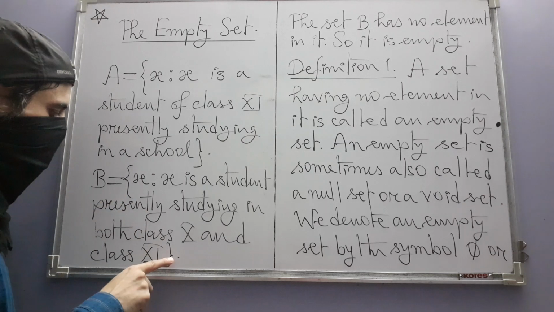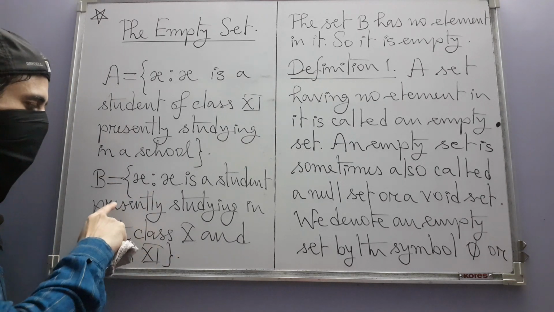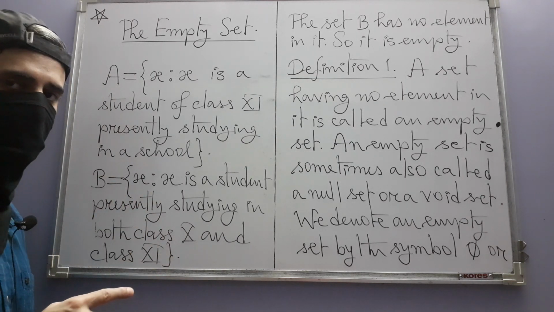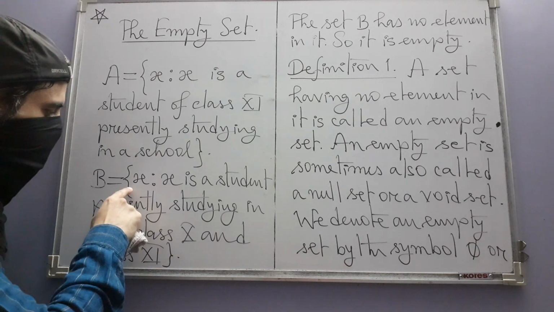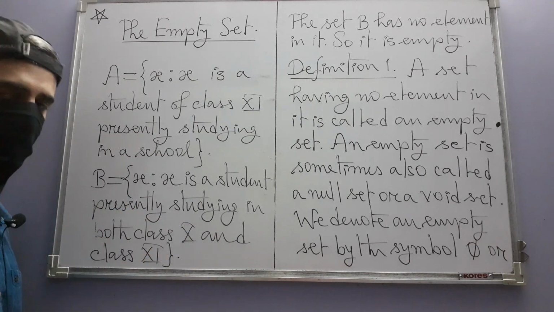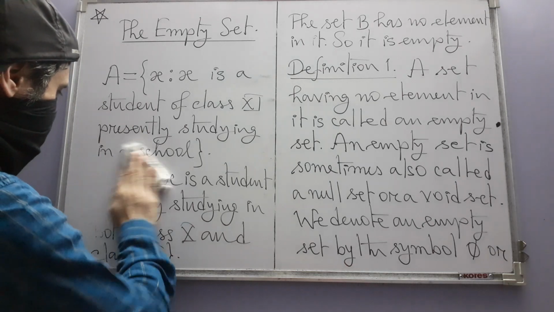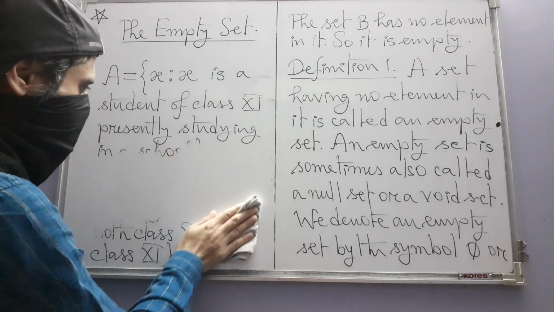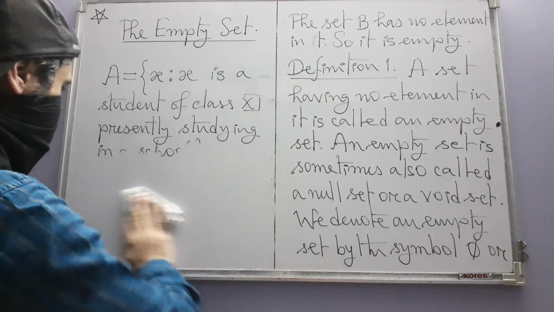We use curly braces, but then to indicate the fact that an empty set has no element in it, we just write the two curly braces and they are not enclosing anything. Okay, so that also gives us another way of denoting an empty set.